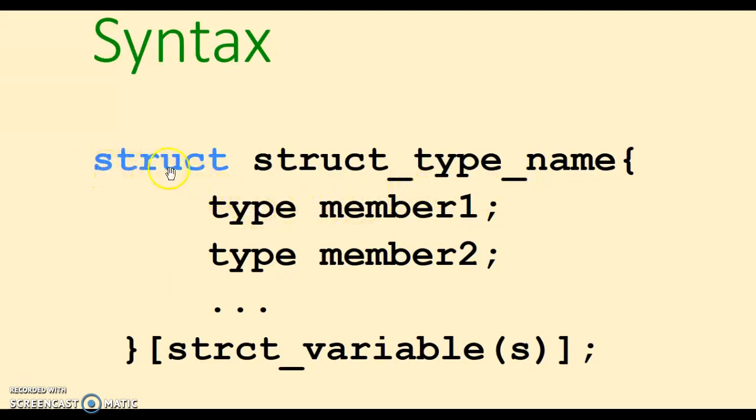It starts with a struct keyword followed by a struct tag name or a struct type name, followed by, within curly brackets, all the structure members, followed by a structure variables list. This list is optional. Either the struct type name or the struct variables may be optional, but not both.